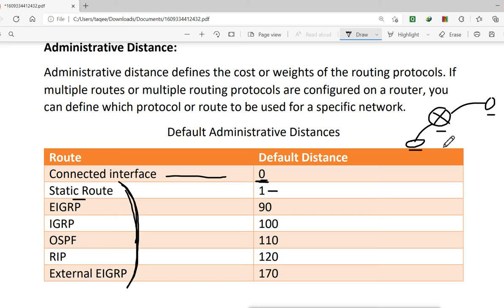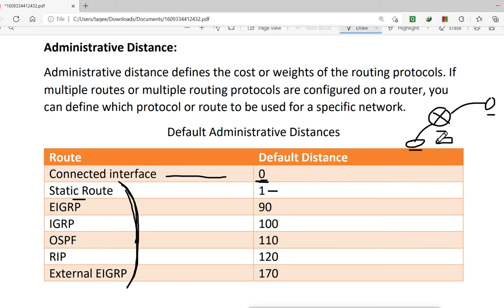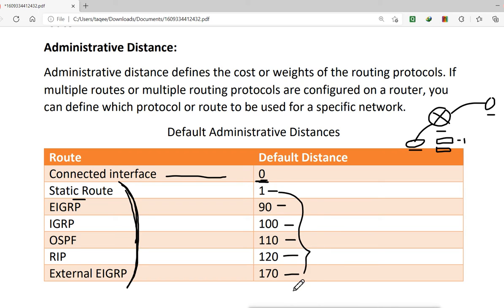Like if I configure one network here with static routing, that network's value will be 1. Then if we configure EIGRP for routing, and our router knows any network from EIGRP, then that network's AD value will be 90, internal EIGRP 100, OSPF 110, RIP will be 120 and external EIGRP will be 170. These are fixed values for all these different types of routing.